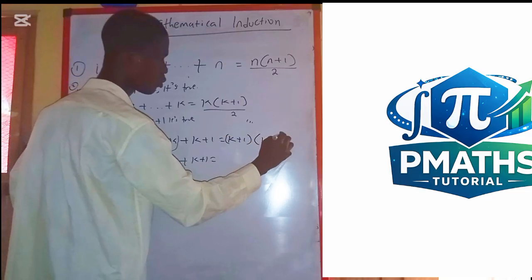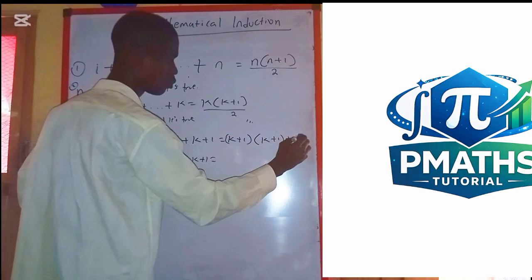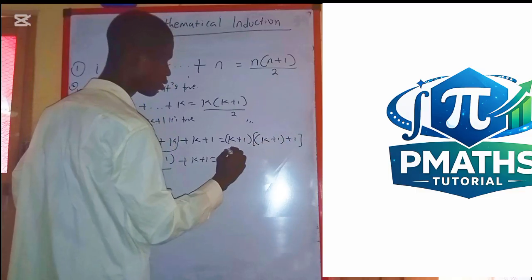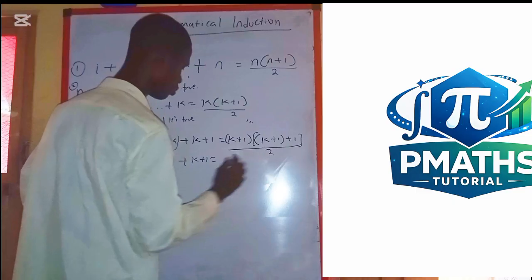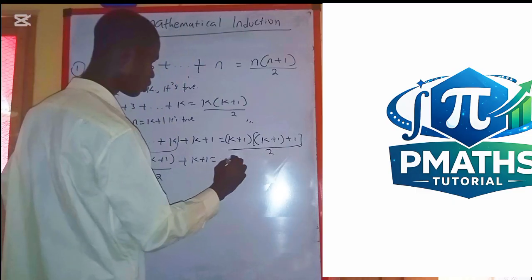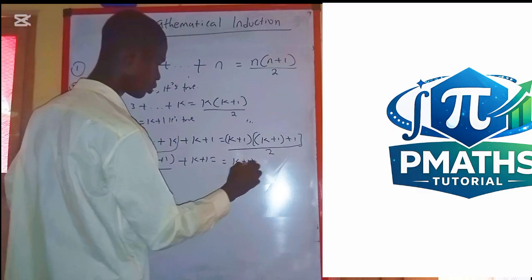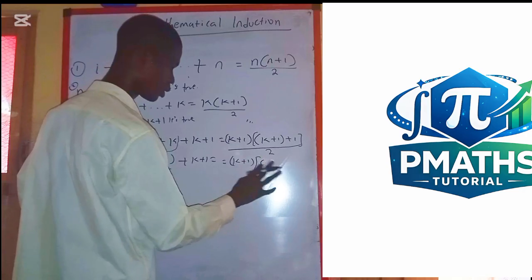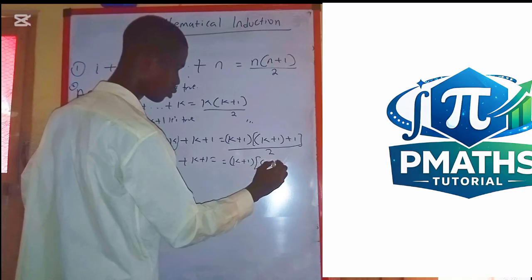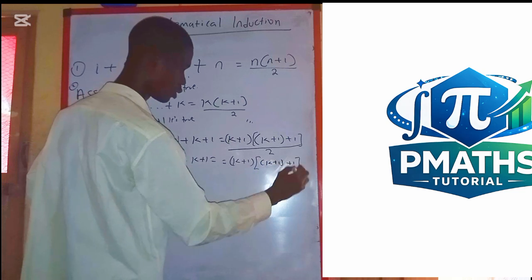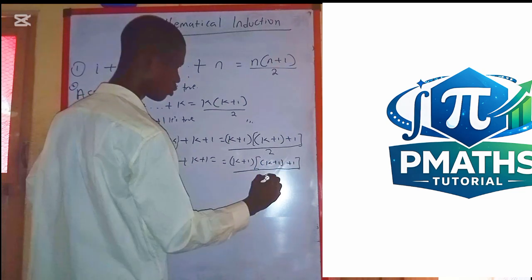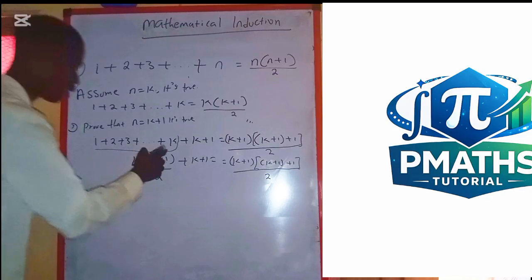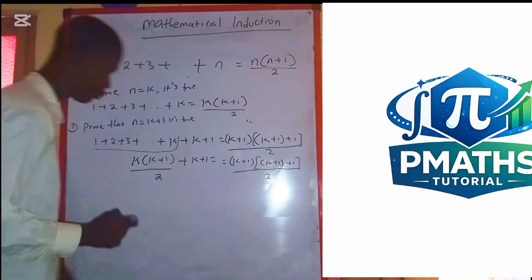It is k plus 1, over 2, then this is k plus 1, k, k plus 1 plus 1, over 2. So this is the left hand side and the right hand side.